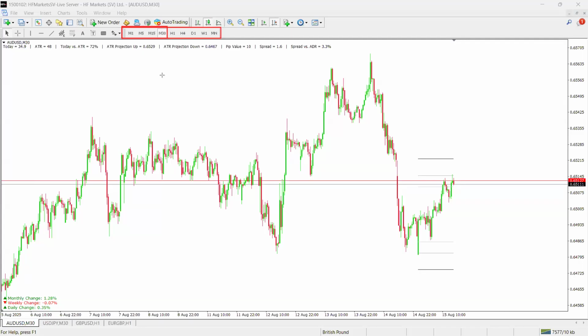But anything from D1 down to MN, I classify them as long-term. So if you say M1, M5, M15, M30, I say, okay, short-term. Those are short-term time frames. If you say D1, W1, MN, I say, oh, okay. Those are majorly long-term time frames. But then H1, H4 for me are somewhere in the middle. Medium term for me.